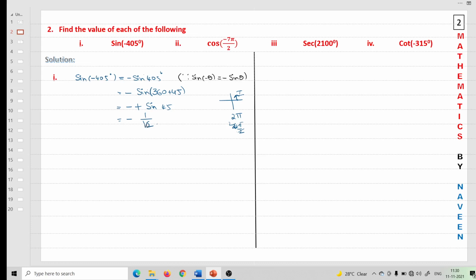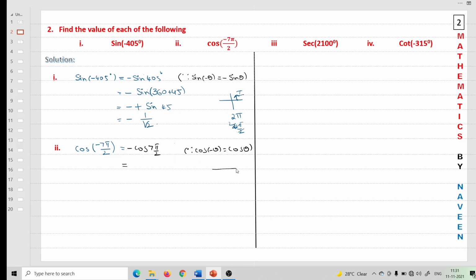Next problem, second one. Cos of minus 7 pi by 2. So here cos of minus angle, right? So we know the formula, cos of minus theta is equal to only cos theta. So that is nothing but cos of 7 pi by 2. That is equal to, see, 7 pi by 2 means 7 times 90 degrees.